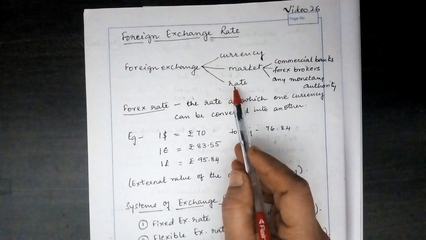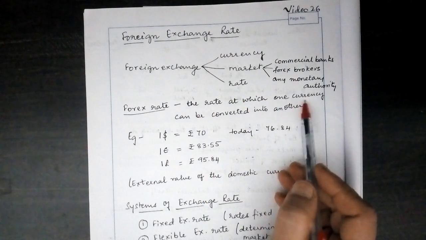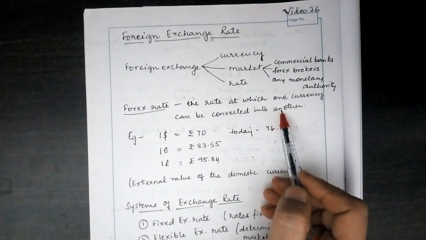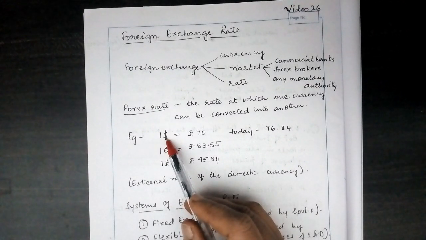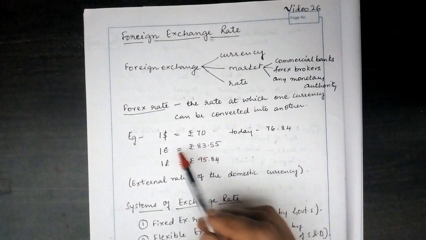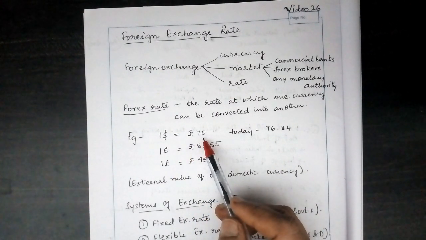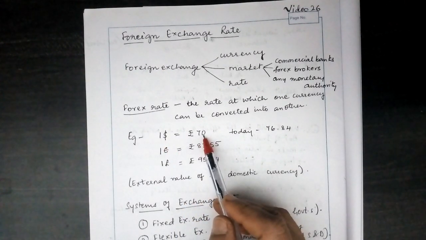Then what is the foreign exchange rate? It is the rate at which one currency can be converted into another. For example, we have foreign exchange dollars, euros, pounds, and so on, which are rated differently in the market. $1 is rupees 70.